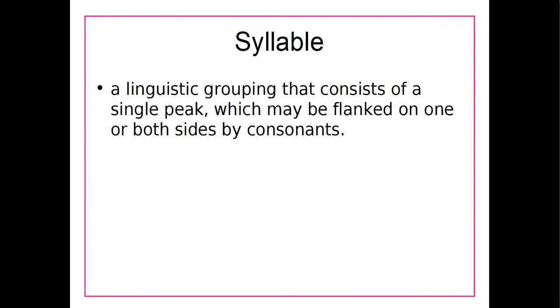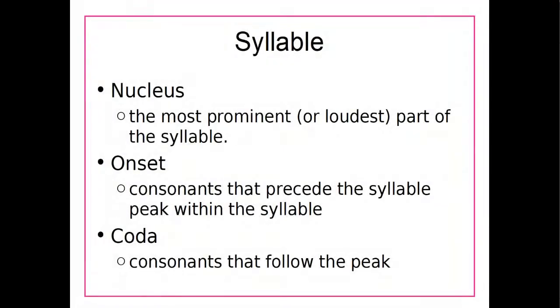So a syllable is a grouping of sounds that has a peak, which is usually a vowel, and this peak has a consonant either before or after it, or both. The nucleus is what I called the peak before.